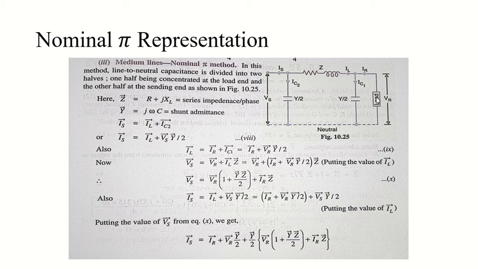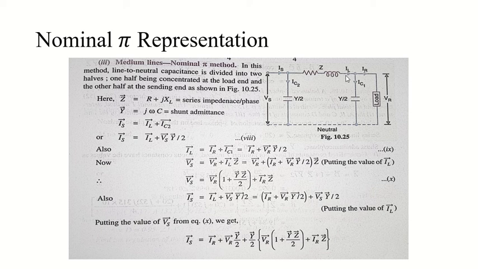Now let's try to find the value on the voltage side. Can you tell me what will be the formula for Vs's derivation? The formula for Vs will be this voltage VR plus the drop which is happening here. So it will be VR plus IL into Z, right?